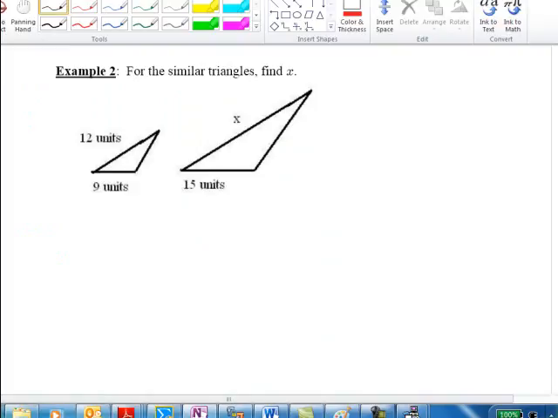And then another place in geometry where you see proportions arise is in similar triangles. And so the idea is that the ratio of corresponding sides is equal in similar triangles.